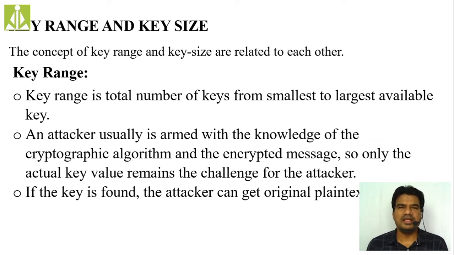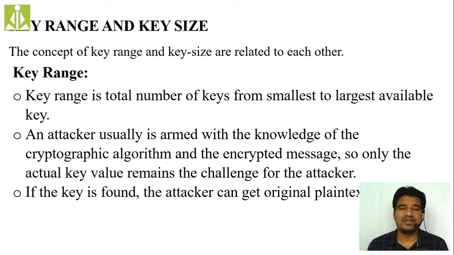The range of keys, whatever possible options for the keys we have, if you take that complete range into consideration, we call it the key range. Key range is nothing but the total number of keys from the smallest key to the largest available key, so our possible options for the key.